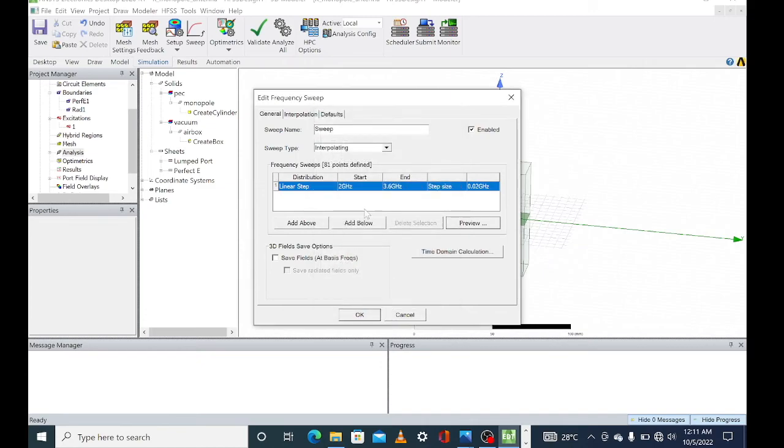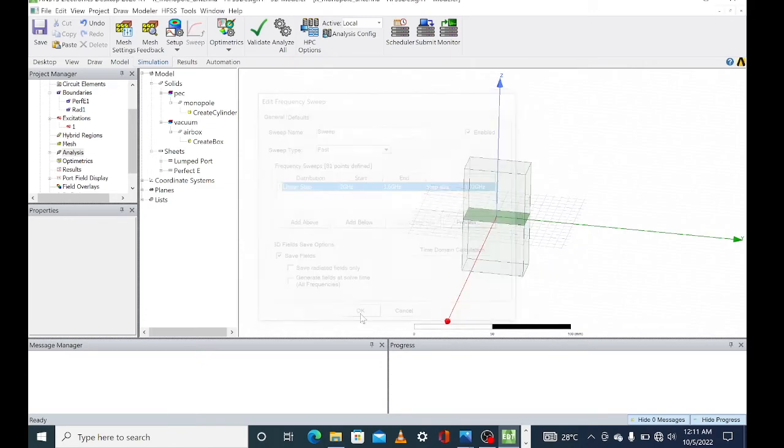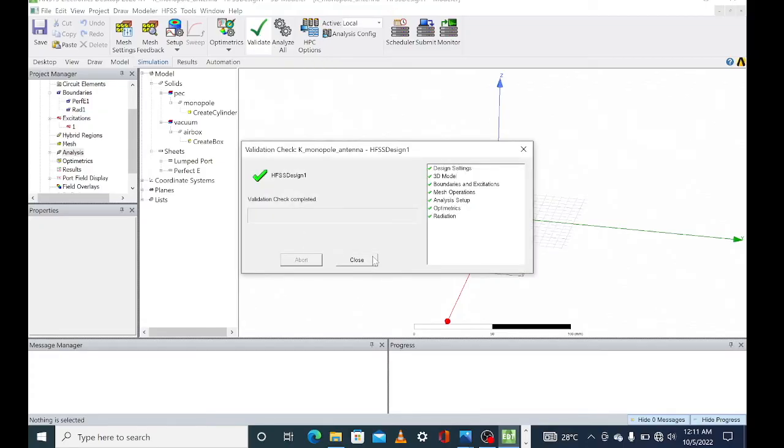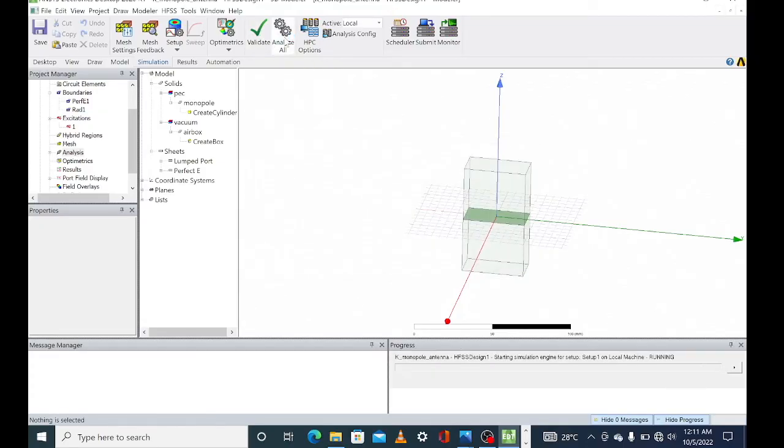Let's head here for the change from save my design, validate, everything is okay, and then write.